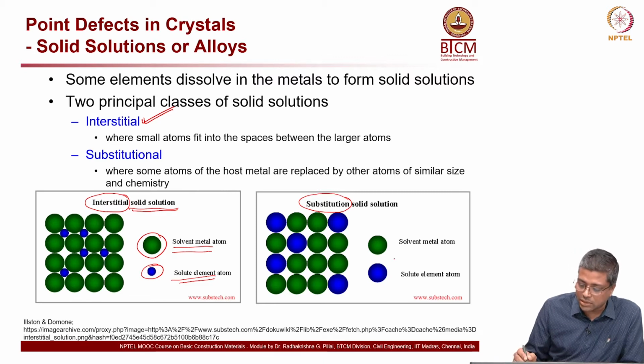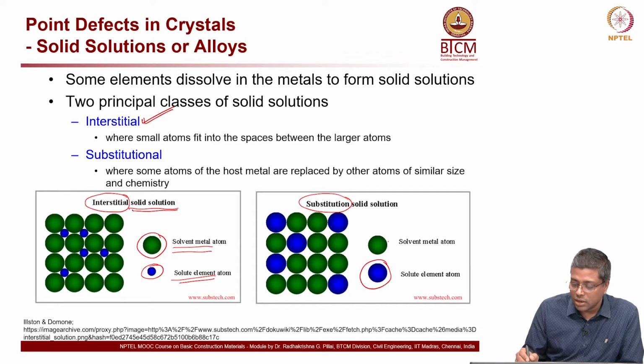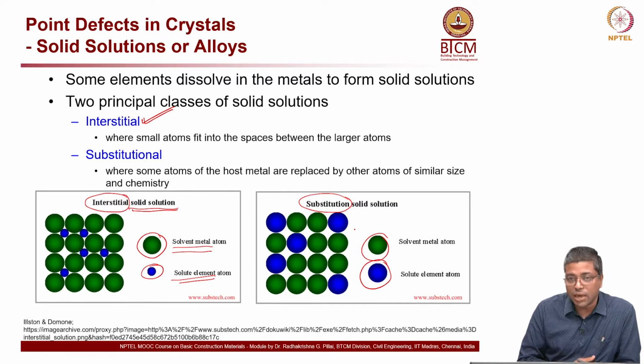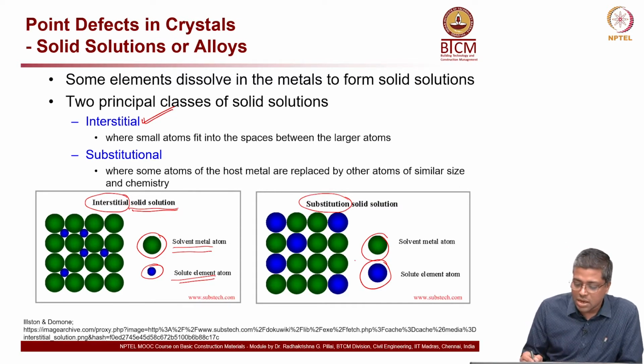You can very clearly see that the size of the solute is the same size as that of the solvent, green, or similar. I am not going to say same, but it is similar in nature, and more importantly the blue one is actually replacing a green one.